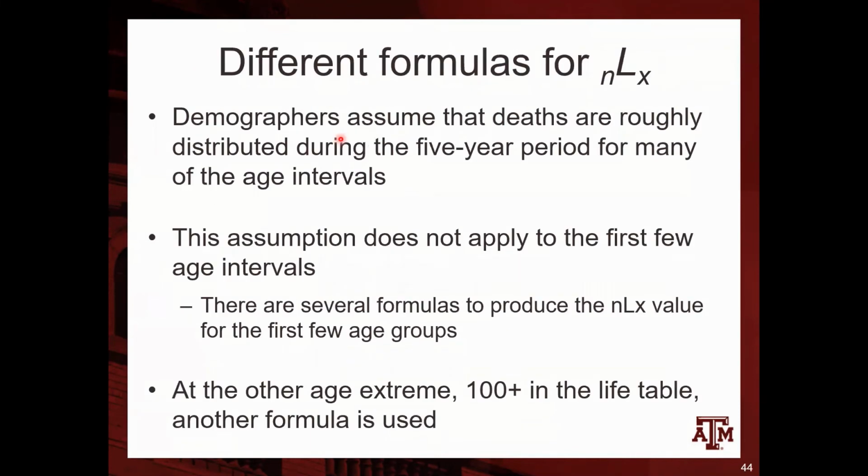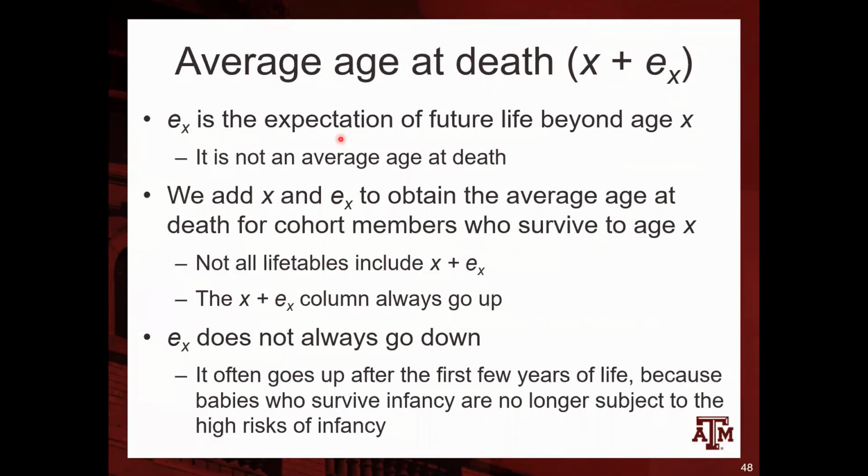And one column that's not shown in the table, which I just calculated now, is the average age at death. The life expectancy is the expectation of future life beyond age X, it is not an average age at death.